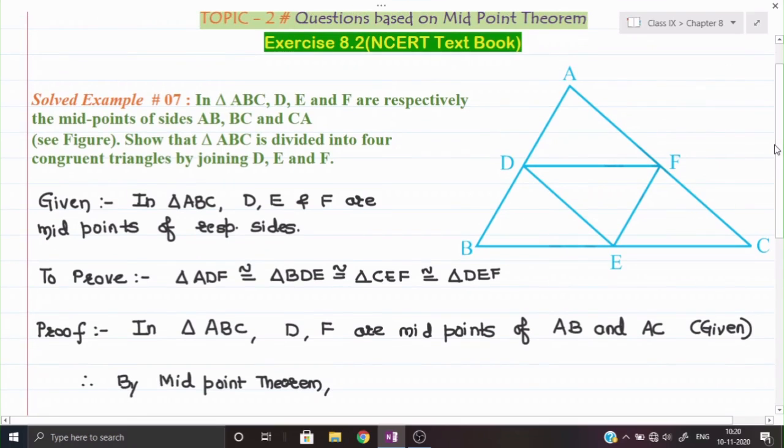Now as I told you, there are many quadrilaterals inside the figure. So you observe CEDF. CEDF is also one of the quadrilaterals.